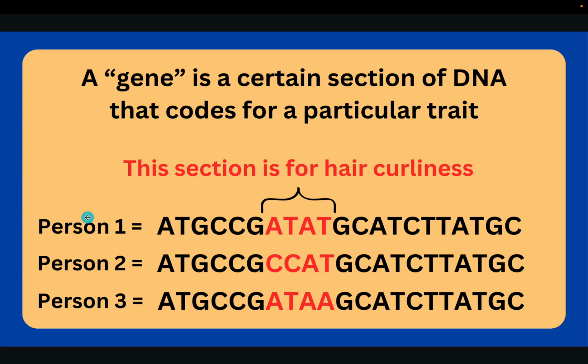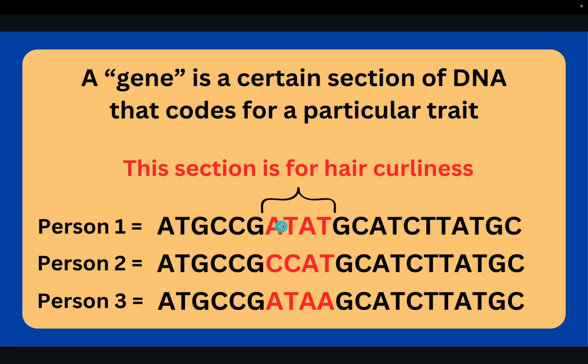So let's say here's person 1, and they have, of course, 3 billion letters going along here, but here's a section of it, and you get to this part right here. This particular part, we're going to say, is the code or the gene for how curly your hair is. So notice person 1, person 2, and person 3 all have this hair curliness gene located in the same spot, but they don't all have the same letters.